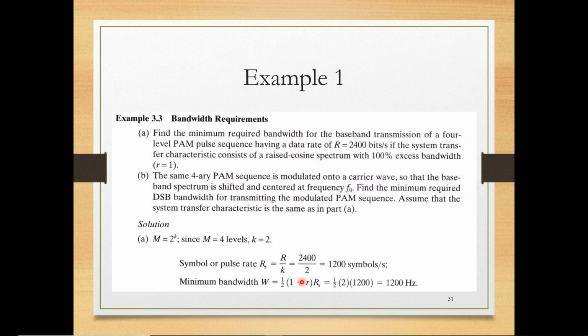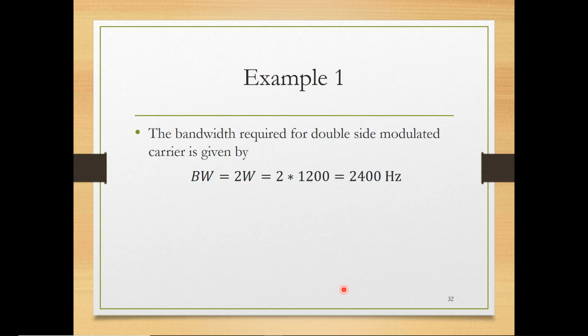But if you want to solve it using this formula, you just remove this 1 over 2 and use RS. But obviously, without using the formula, when you go to a high carrier frequency, you know that your bandwidth gets doubled. So the bandwidth W, multiplied by 1200, becomes 2400 Hertz.